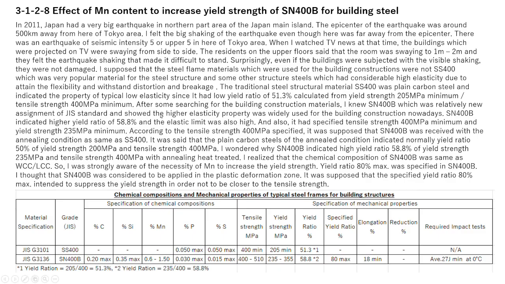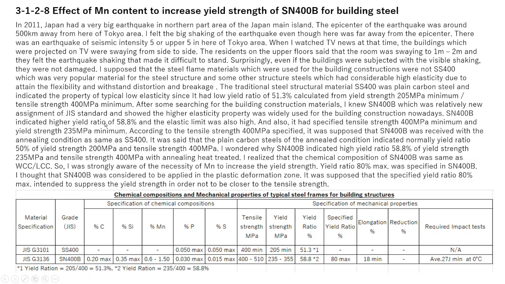After some searching for the building construction materials, I knew SN400B, which was a relatively new assignment of JIS standard and showed the high elasticity property, was widely used for building construction nowadays.